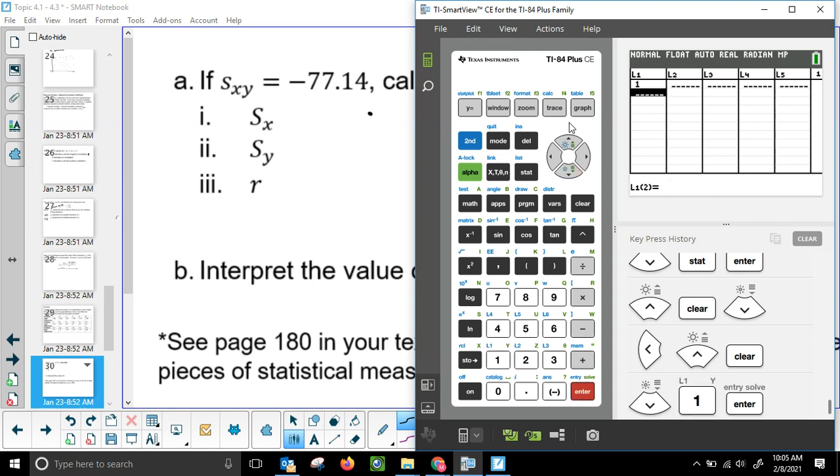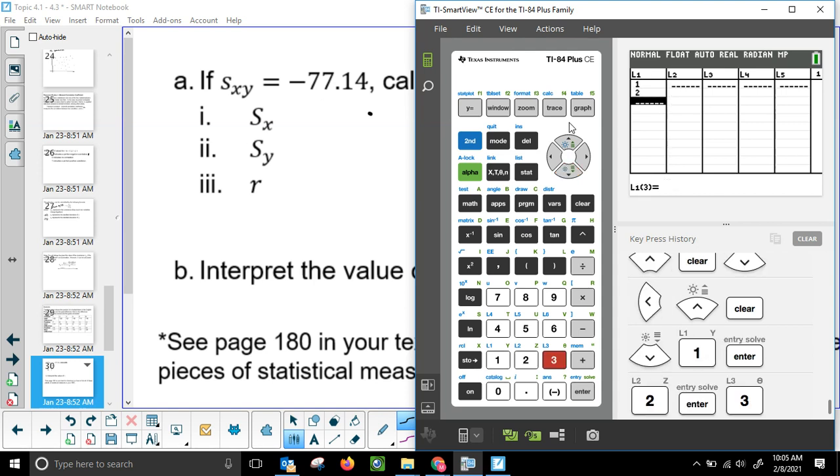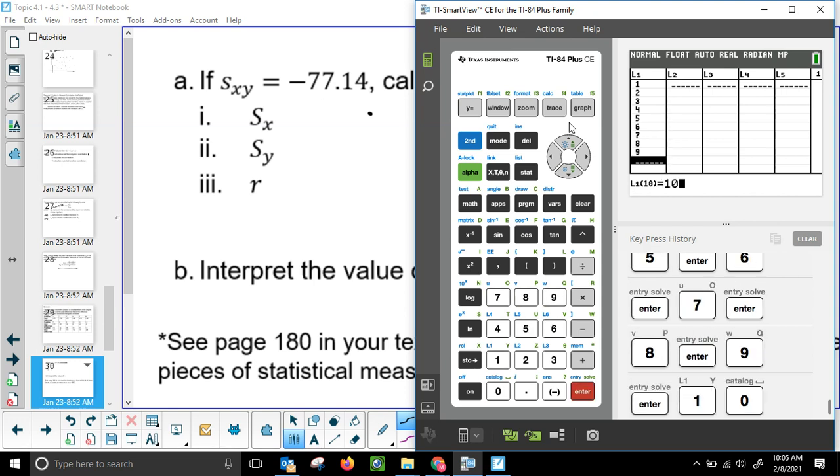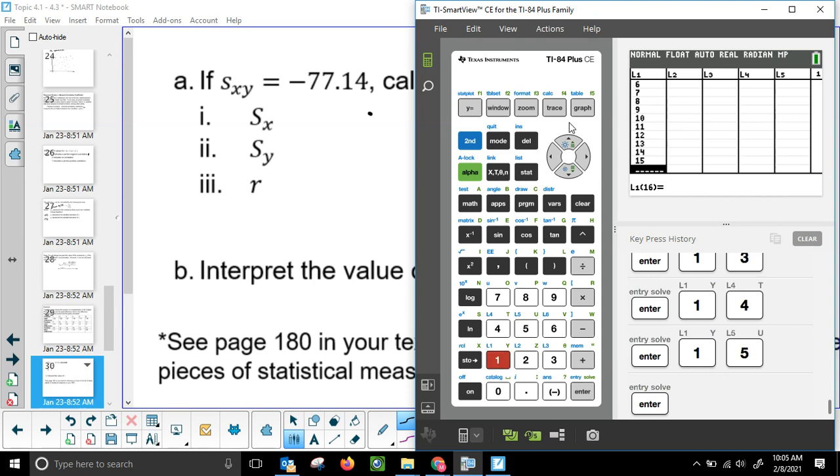So we have 1, 2, 3, 4, 18. And then our goal differential. 3.